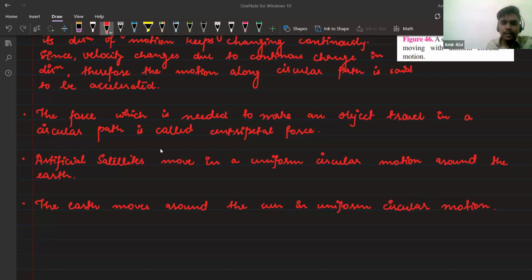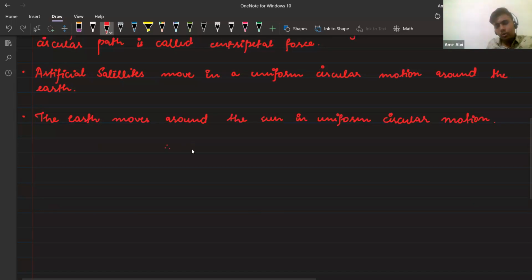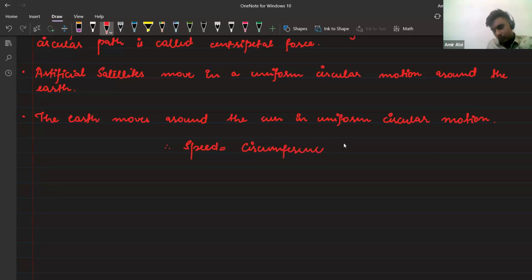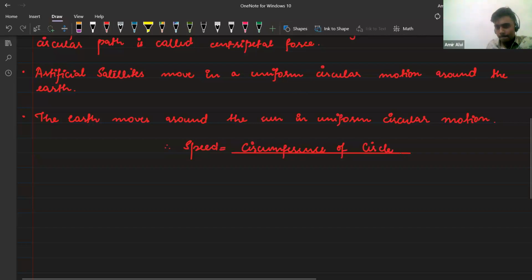To calculate the speed in a uniform circular motion, the speed formula is distance upon time, right? So distance here is nothing but the circumference of the circle, divided by time.